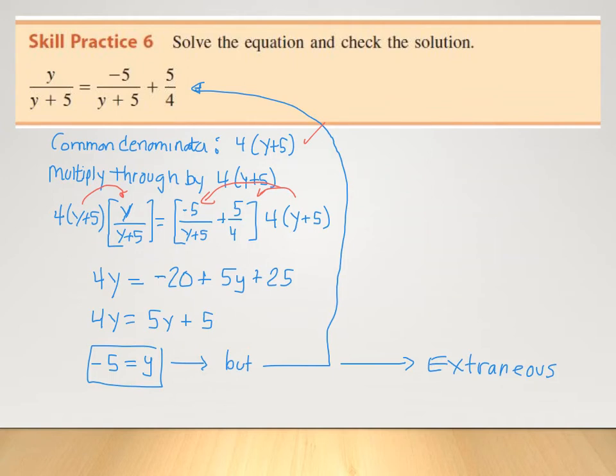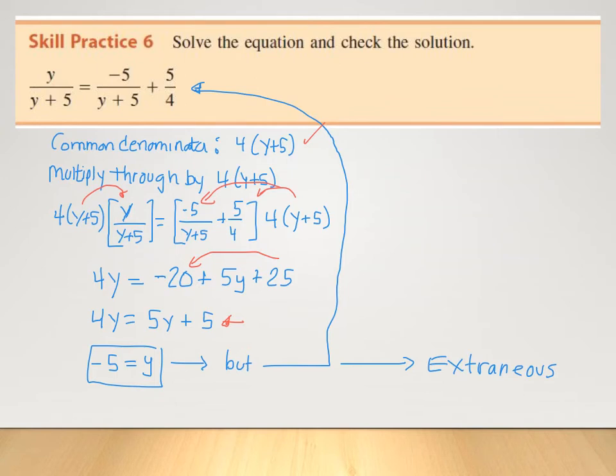There are no terms on the left-hand side to combine, but there are on the right-hand side. So we add the 25 to the 20, and we get 5, right?